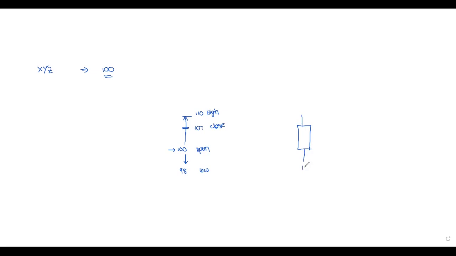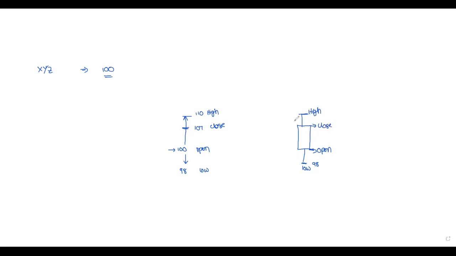This is the low, the low price, which is 98 rupees as we discussed. Here is the open. Here is the high of the candle. And here is the closing price of the candle.